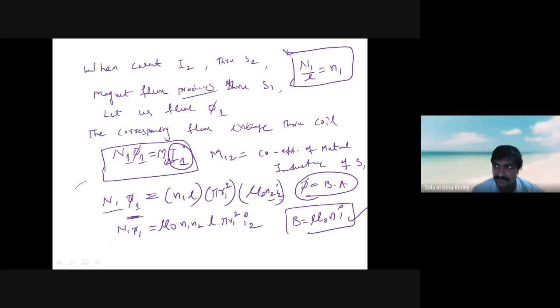Reverse effect means, if you set up current I1 in S1 and try to induce in coil 2, the same effect occurs, but the numbers change in the opposite direction. But since the same material and same flux link both, I can write the effect using this formula. In this place we have written all this because N1 phi 1 equals this. So what I am doing here is a small change in this equation, M12 equals.